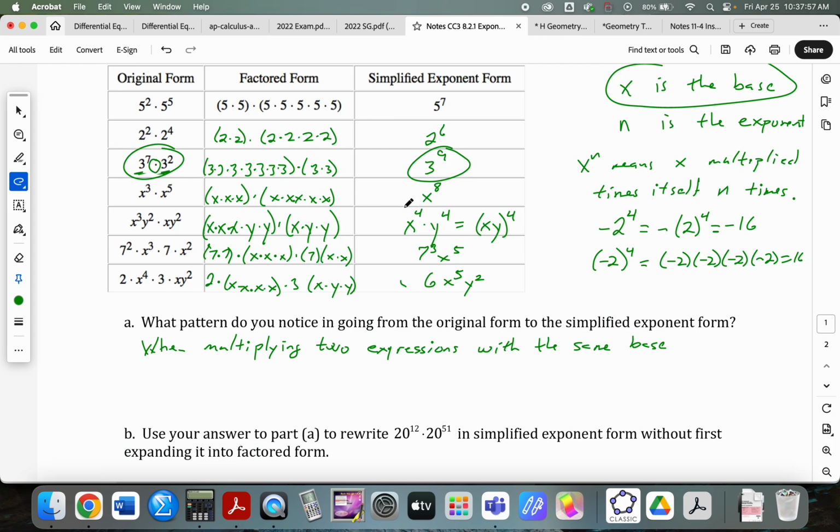No, what do we do to the base? We keep it. Keep the base. And what do we do with the exponents? Add the exponents.